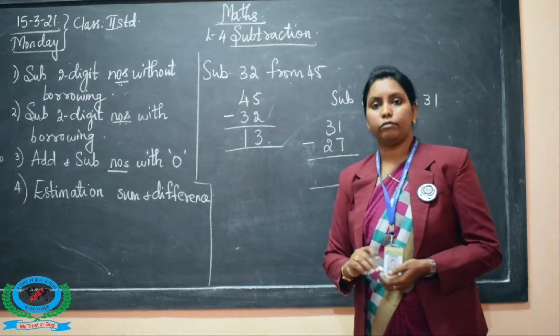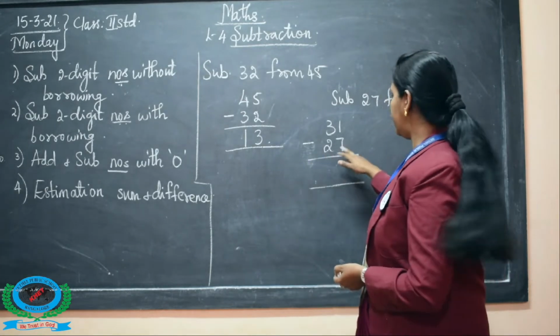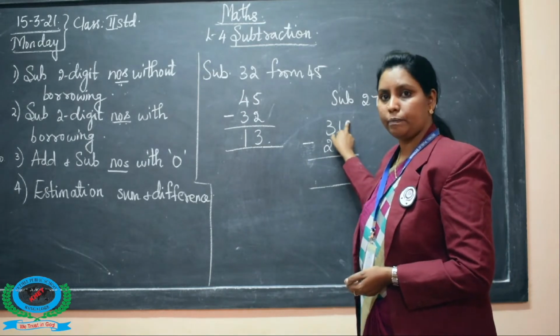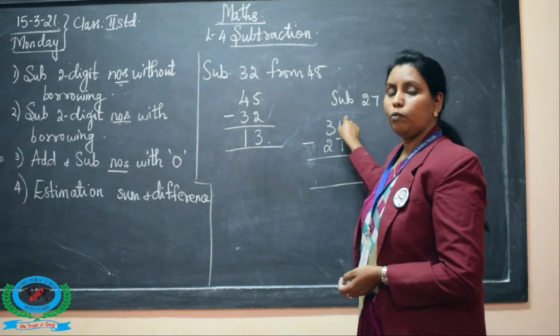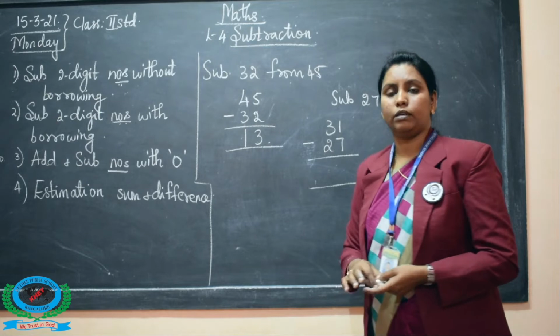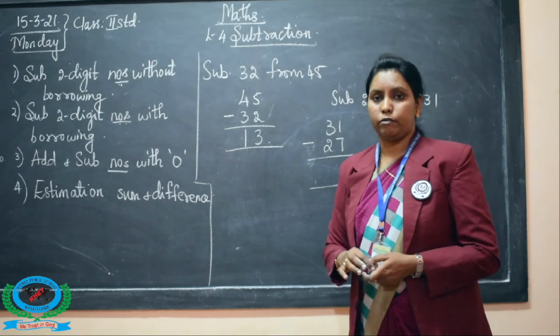Now you have to see, can it be subtracted? Can 7 be subtracted from 1? So 7 is a bigger number here and 1 is a smaller number on the top. No, we cannot subtract 7 from 1.